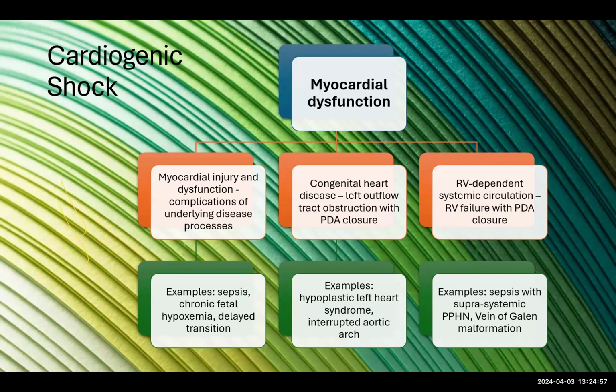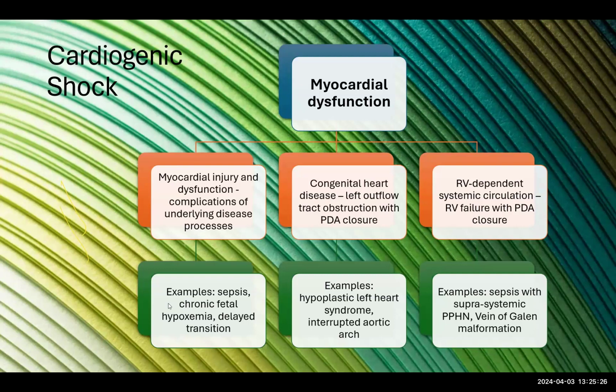And sometimes these infants may also be complicated with chronic fetal hypoxemia in the SGA infants, where they may have relatively low reserve. Transition may be delayed, which may or may not be related to sepsis. Anyway, with all this coming together, the myocardial injury and dysfunction may be related to the sepsis, may be related to complications such as PPHN. The frank result is myocardial dysfunction.